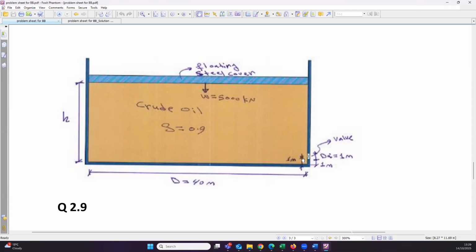If you go lower, the diameter of the valve is 1 meter, so half of the diameter is 0.5. So you have to add from the center of the valve to the bottom of the valve. And then you have another meter at the bottom under the valve.